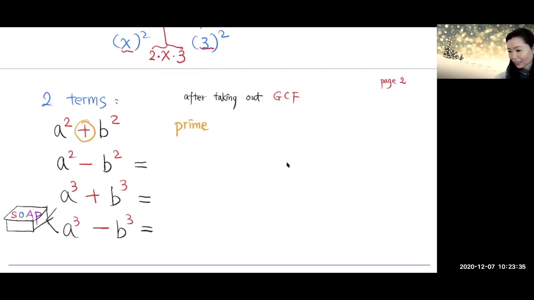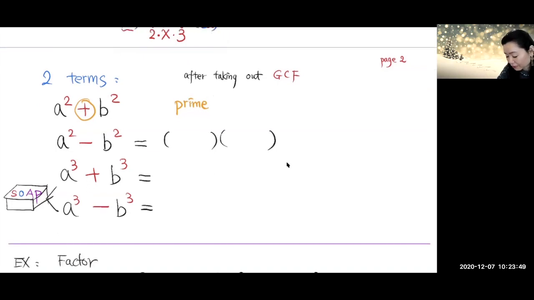So what does the difference of 2 squares factor into? It factors into 2 factors. Actually, there's a similarity between all of these. The first factor for the rest all follow the same pattern. You just ignore the square here, so you get a minus b. And over here, you ignore the cube here, then you have a minus b. Just take away the cube right here.